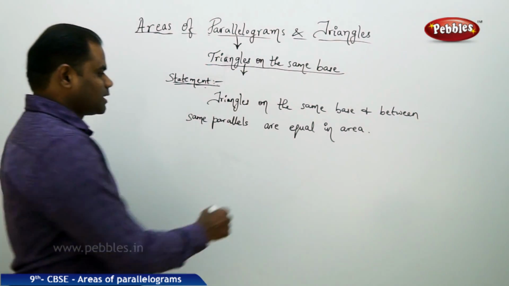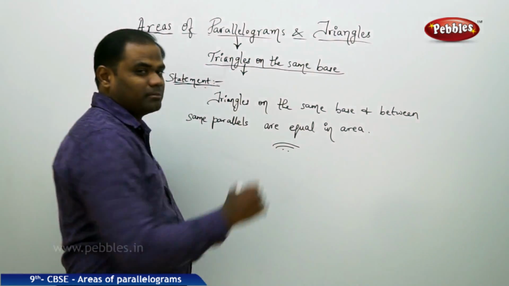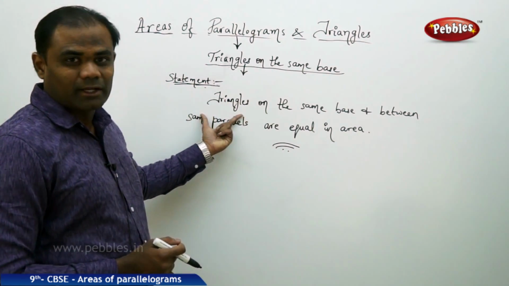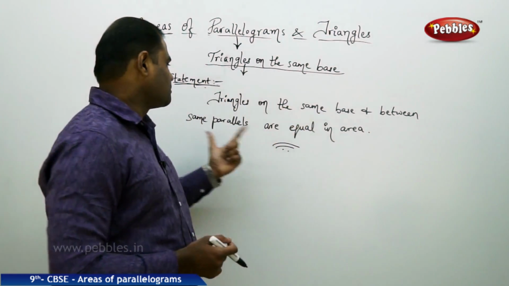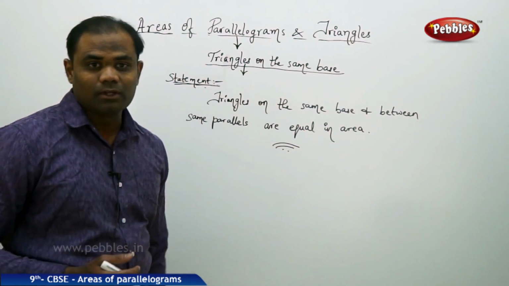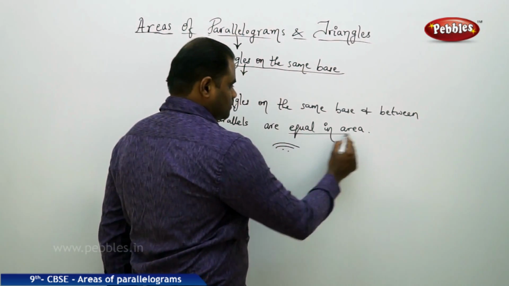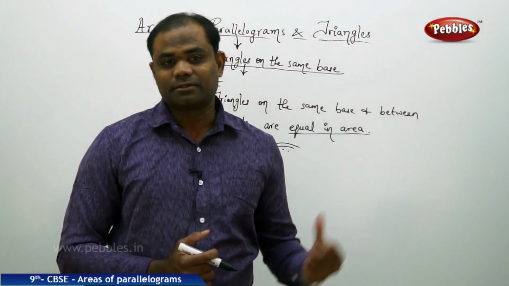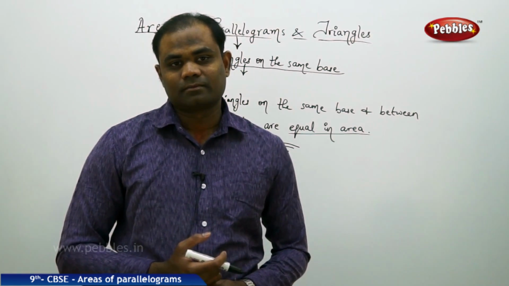That is how we understand the same base theorem. So the same base theorem says that if two triangles are taken on the same base and between same parallels, they are equal in area. Is how we understand the same base theorem connected with the property.